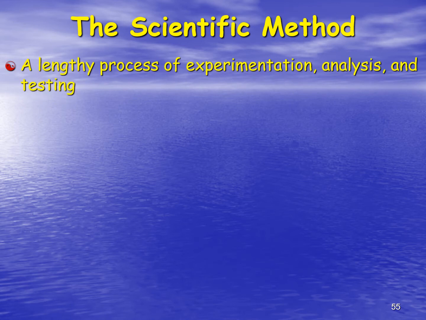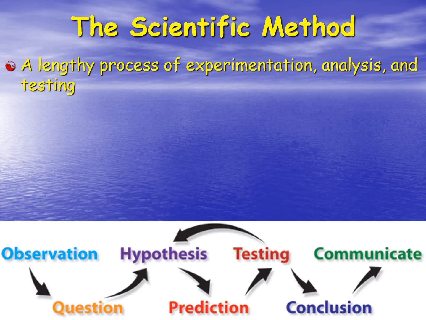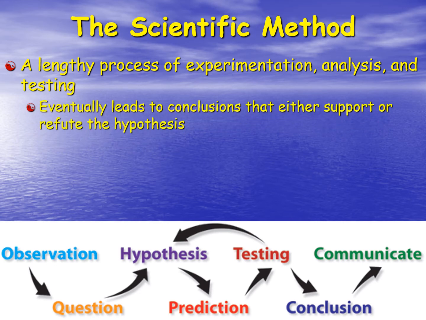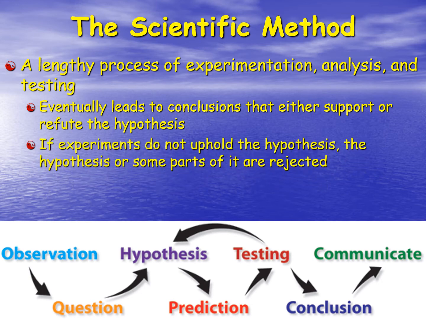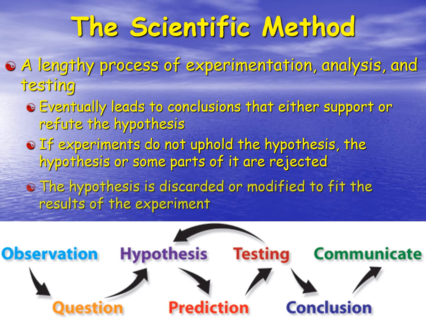The scientific method can be a very lengthy process of experimentation, analysis, and testing. It eventually leads to conclusions that either support or refute the hypothesis. If experiments do not uphold the hypothesis, some part of it may have to be completely rejected or modified.